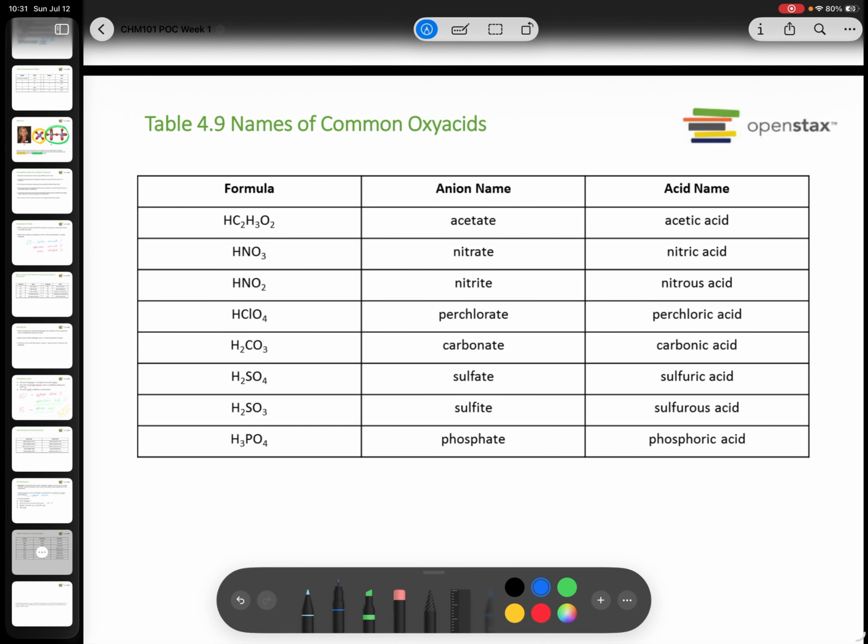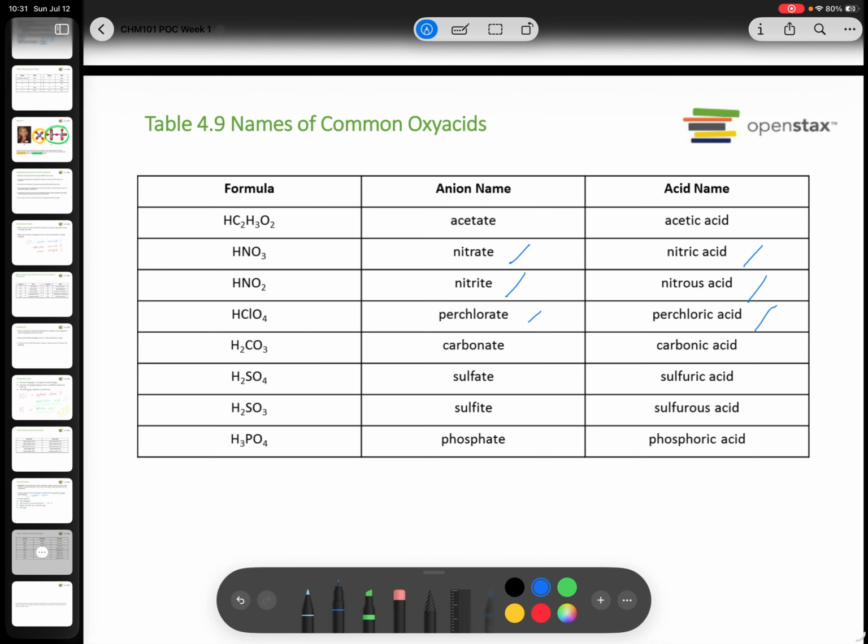So, it will become acetic acid, no? Ito, makikita nyo dito sa nitrogen, no? We have nitrate, tsaka nitrite, no? May difference sila sa charge, no? So, we have here nitric acid, tsaka nitrous acid, okay?